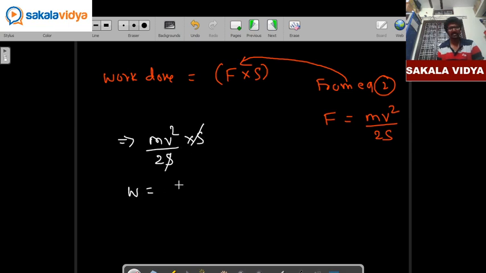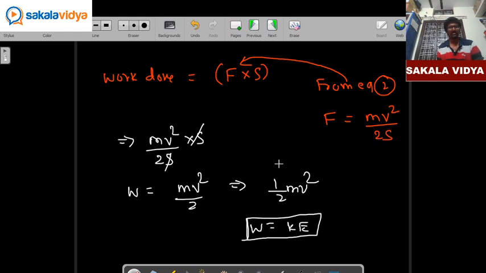So work done is equal to mv square by 2, which is nothing but half mv square, where work done is equal to kinetic energy. So this is our derivation for work done in projecting a body of mass m with a velocity of v, where work done is equal to half m v square. Okay, let us solve one question on this.